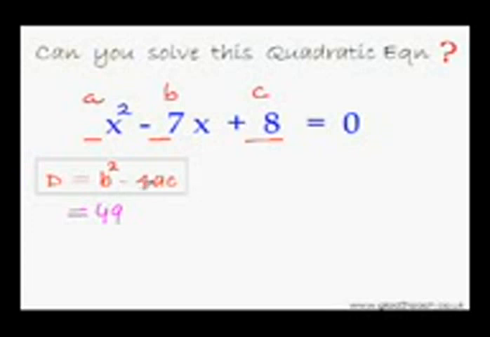And minus 4AC would be minus 4 times 1 is minus 4 times 8 is minus 32. 49 minus 32 is 17. So that means that this equation is a very tricky equation. Why? Because 17 is not a perfect square.